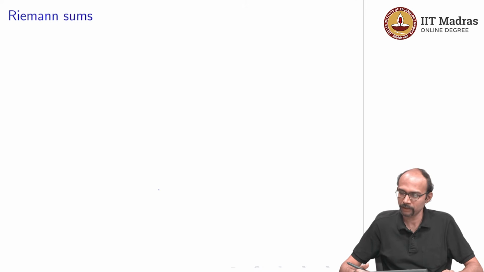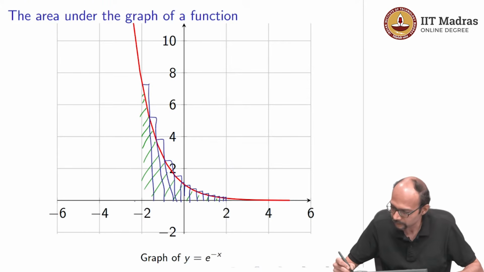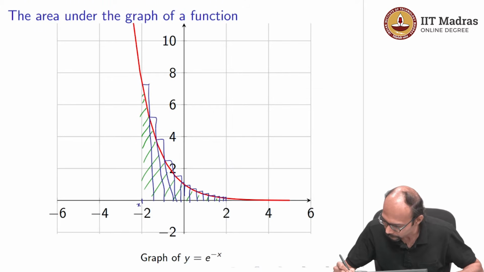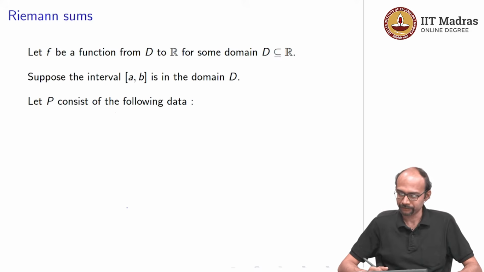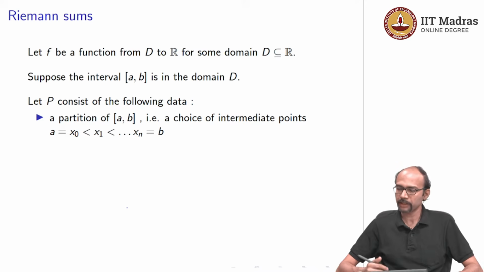In our previous picture, the first point would be your x0, this first thing would be x1, x2, x3, all the way up to xn, which was 2, and x0 is minus 2. So this is a partition of your interval [a, b].